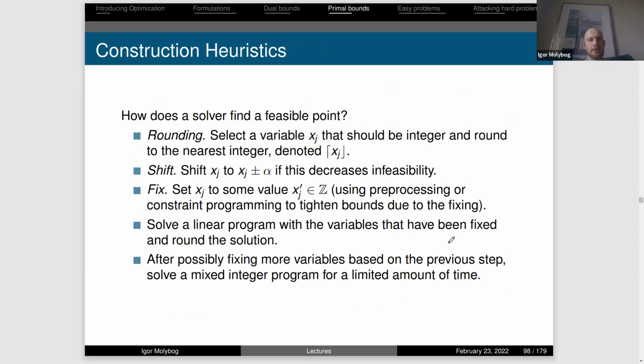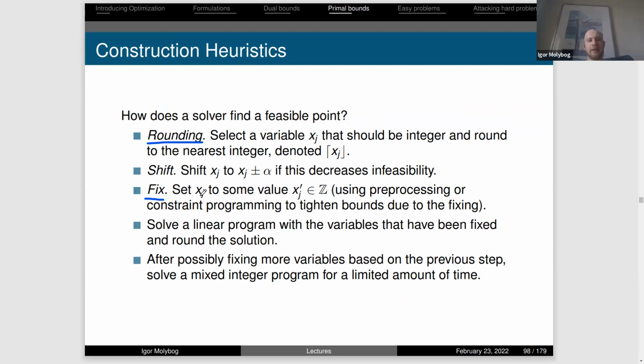Okay, so the construction of the heuristics. We have gone over the rounding. There's also a very important example of a very simple heuristic that is called fixing.